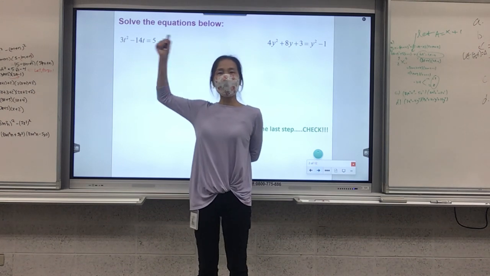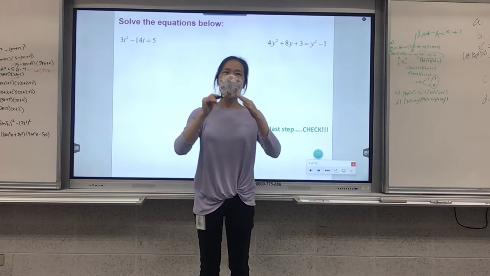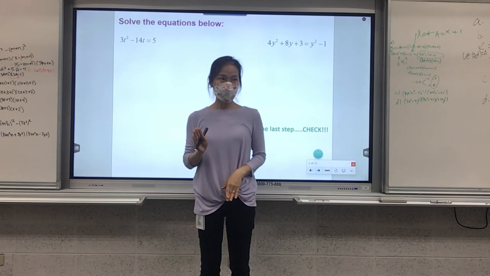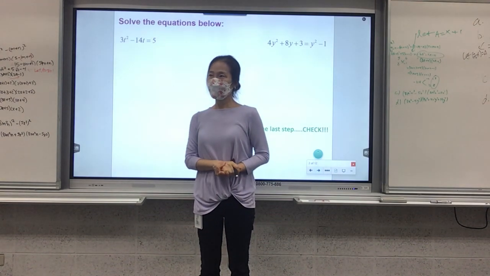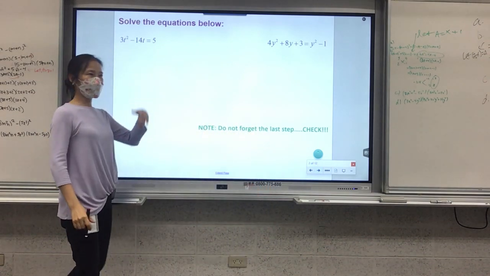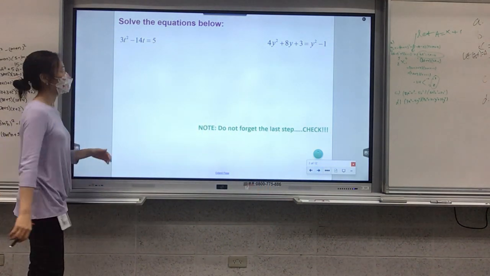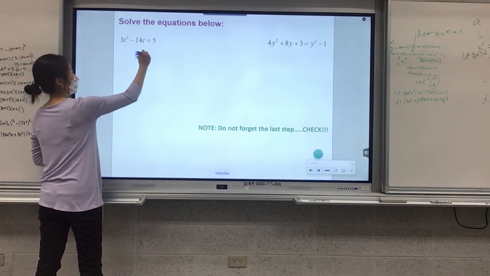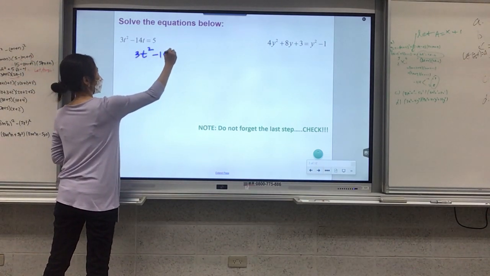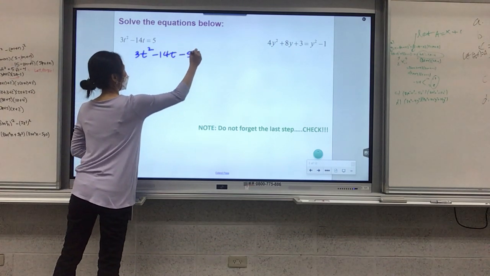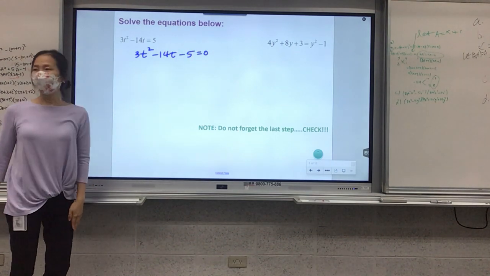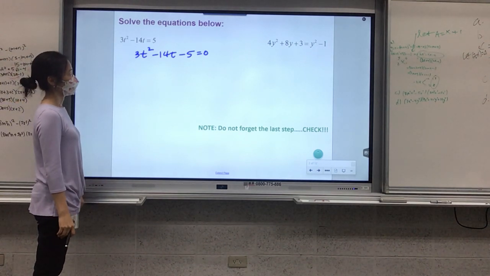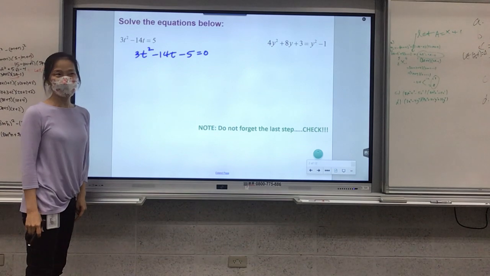When you solve an equation, one big principle is you need to move all terms to the same side. Don't leave some term on the right, some term on the left. You can't do it. So move the 5 over. We got 3t squared minus 14t minus 5 is 0. Then you factor, whatever way you like to use.